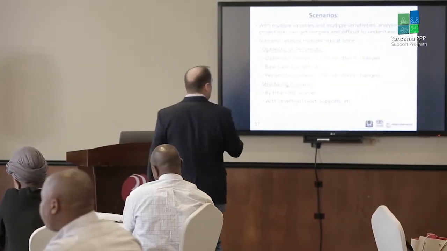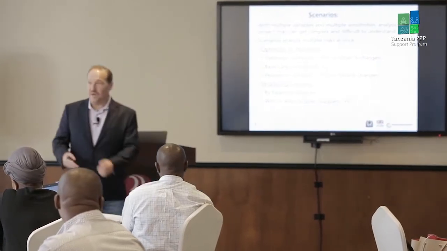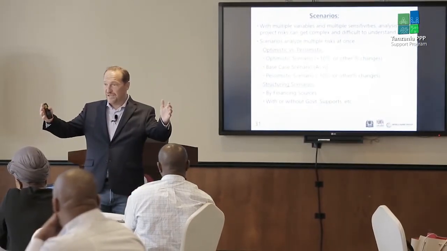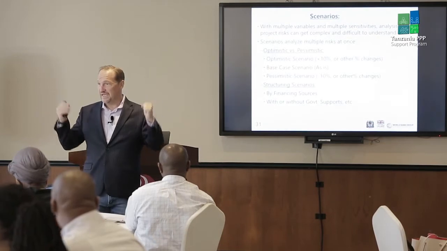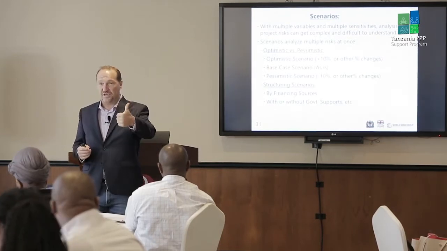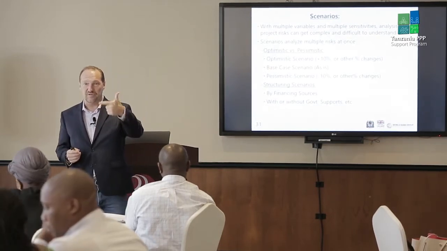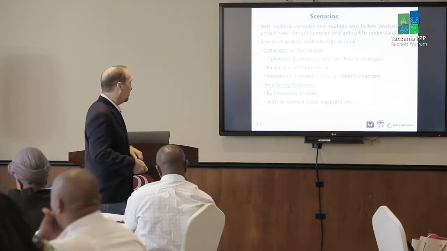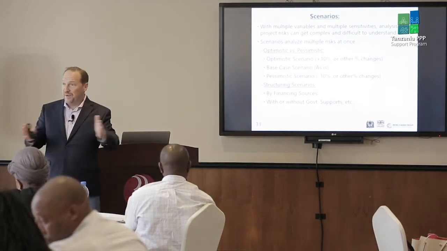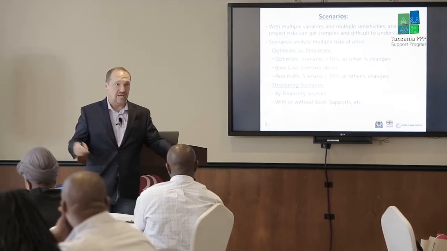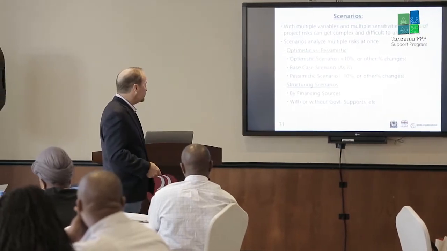It's a whole range of things that go bad. That's how risk happens. So we might have a pessimistic risk scenario. What if a number of key variables are worse by 10%? Higher construction costs, lower revenues, higher operating costs, etc. What if there's the base case that holds, and then what would an optimistic scenario be?